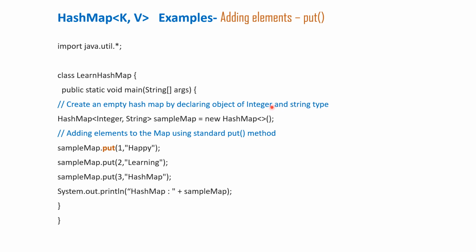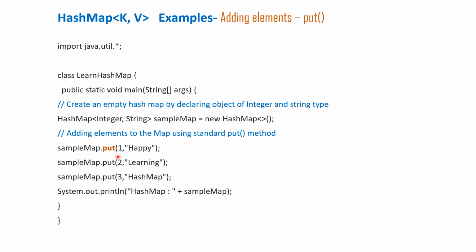So it is actually a key-value pair, right? We are declaring the empty HashMap here. HashMap of Integer comma String, and we are giving the object name sampleMap equal to new HashMap, and adding elements to the map using the standard put method. For the sampleMap object we created, if we are using any IDE, then after the dot it will show all the default methods under this HashMap.